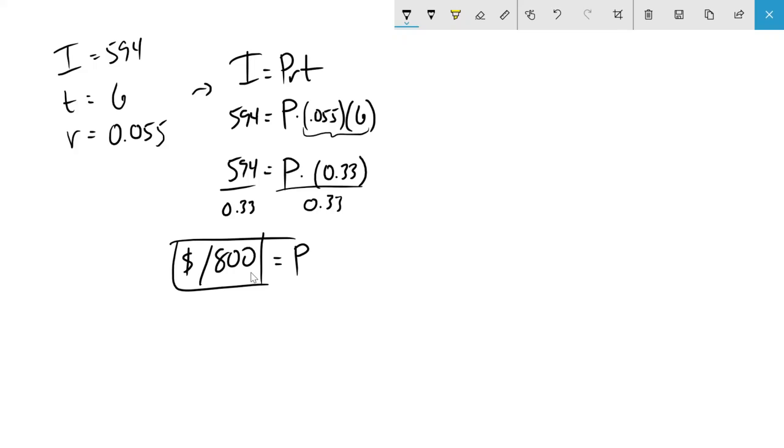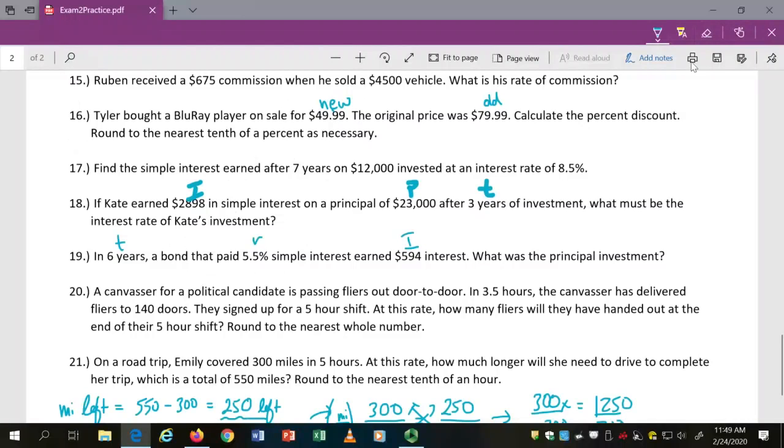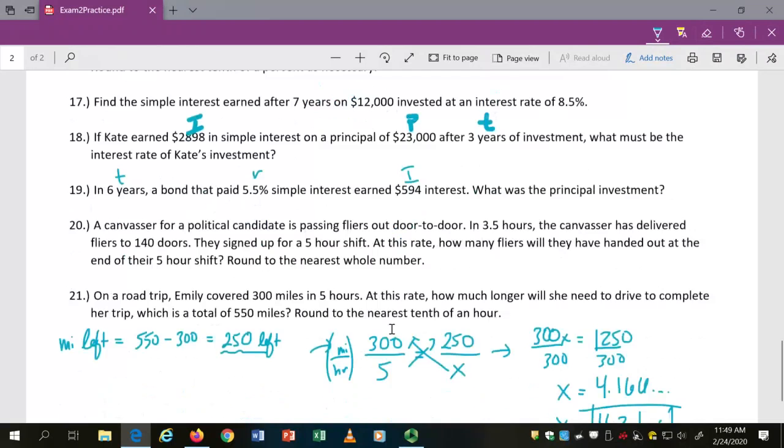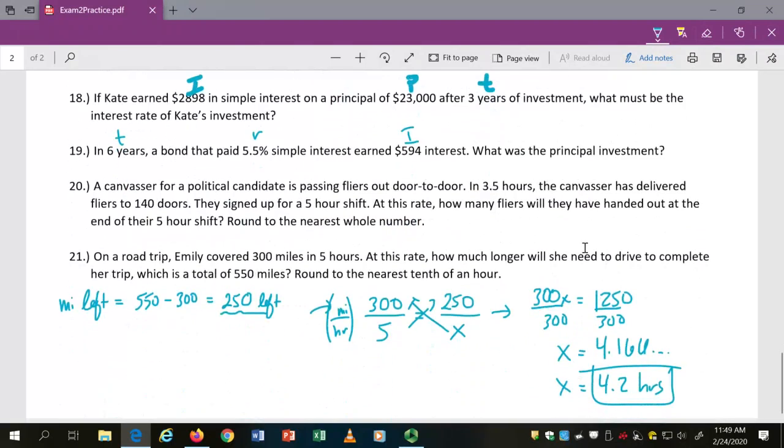All right. Yeah, so 20, it's similar to 21 in the sense that it's a proportional equation. So we have some amount of stuff done in a certain amount of time. So we've got hours, 3.5 hours.